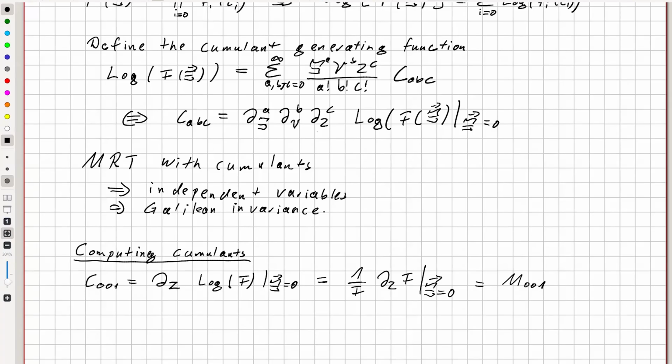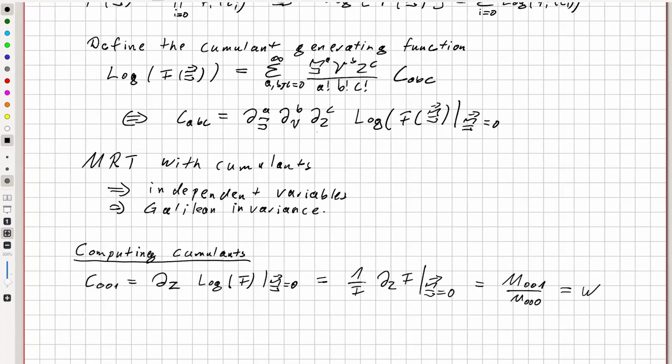What is f at xi equal to 0? It is the zeroth order moment, right? So it's rho, so it's m_000. So this comes out as m_001 divided by m_000, and this is the velocity.